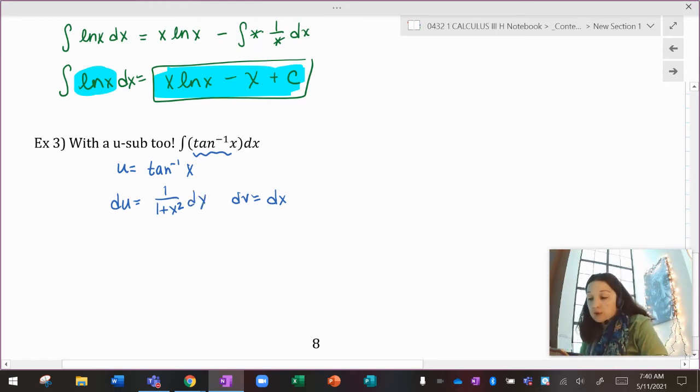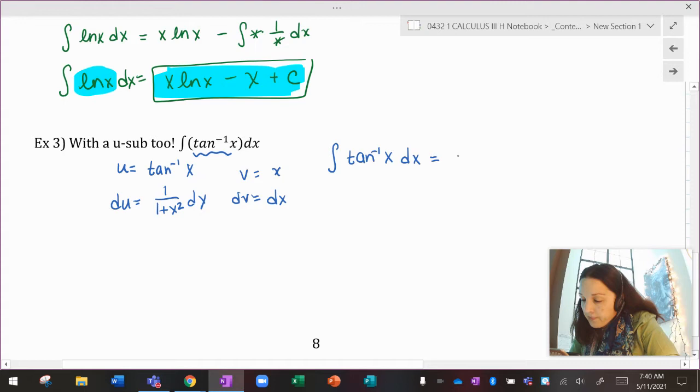And the antiderivative of dx would just be x. And so if I want to do integration by parts with this, I have the integral of u dv equals u times v minus the integral of v du.